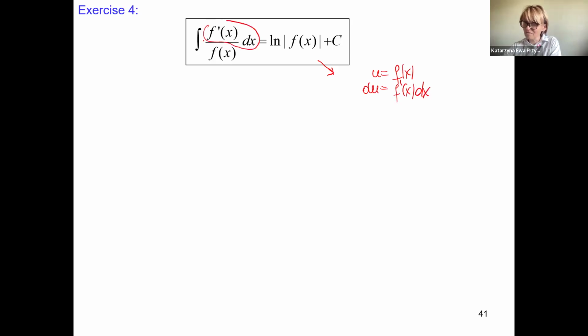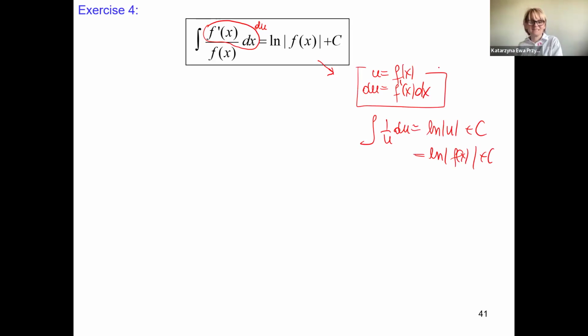That we can see, f prime of x dx, this is du. Then the integral will be 1 over u du, natural log of u. And u, of course, was f of x. That means I hope we can see this. Then we know right away that we can say natural log of the denominator only if you see derivative on the top. That means, for instance, this one.